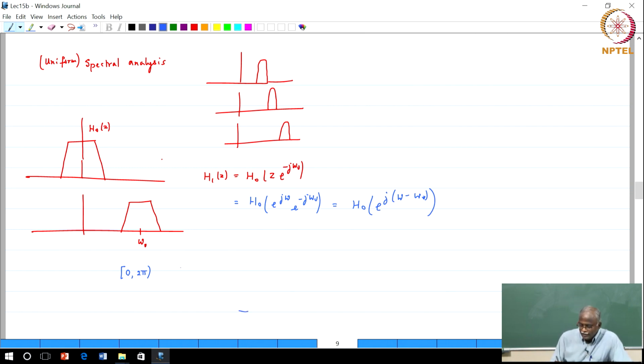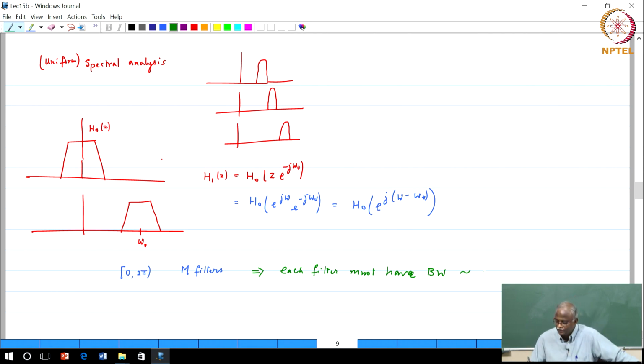Now, if I want to analyze it using a set of M filters, bringing spectral analysis into more of a structured multi-rate framework, M filters, and I want them to be of uniform size, then each of the filters must have a bandwidth 2 pi over M. I will not say equal to, basically it should cover 2 pi over M, so that you can cover the entire spectrum. It may be slightly wider.